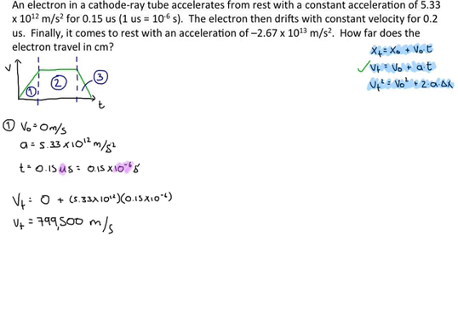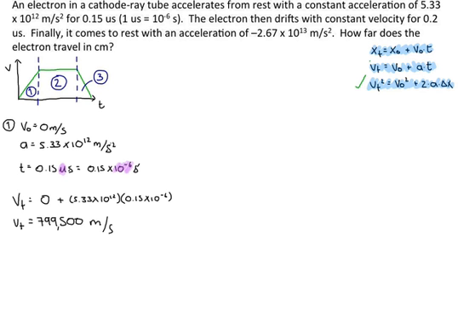Anyway, final velocity is not the question. The question is going to be the displacement. But notice that in order for us to find the displacement, given that there was an acceleration, we're going to be using the third formula listed right here. We know the final velocity, we know the initial velocity, we know the acceleration, and well, 2 is a number, so it's not going to be a problem.